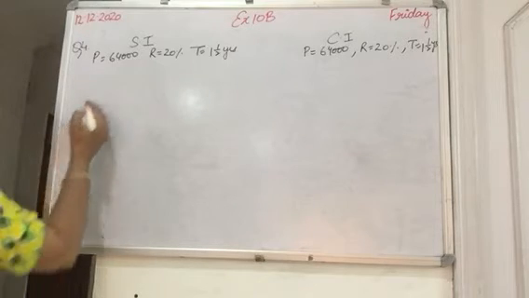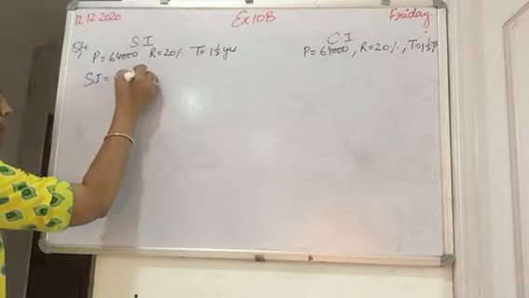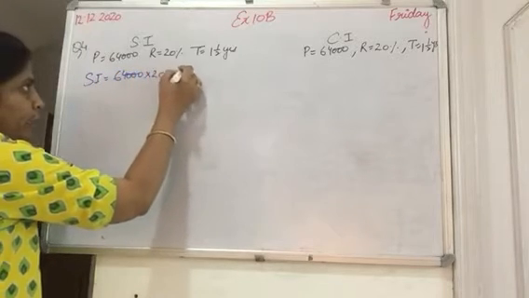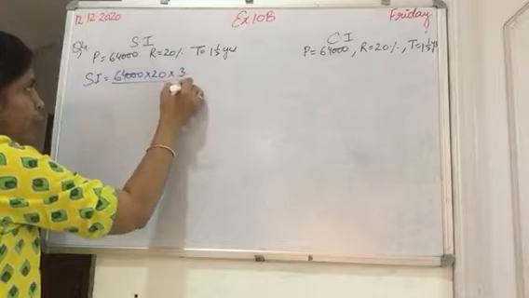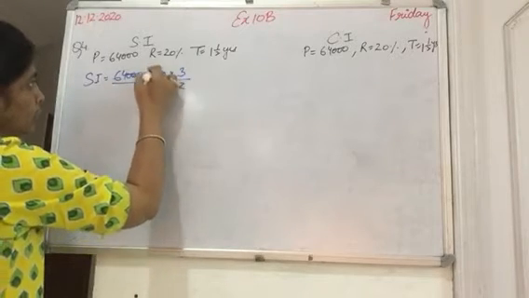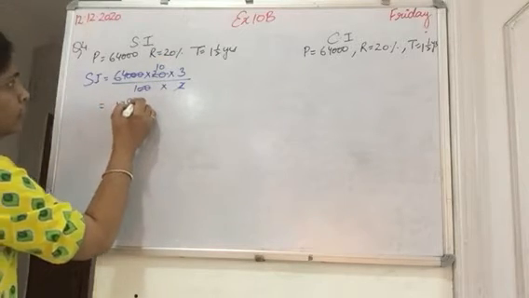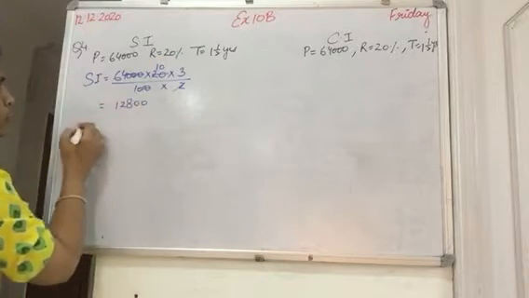First, SI equals 64,000 into 20 into 3 by 2 into 100. 128 and 00.